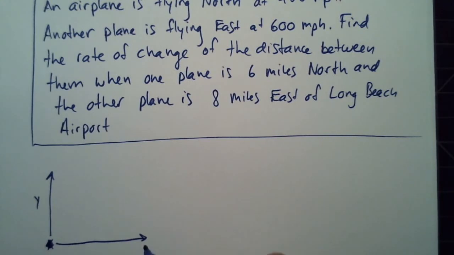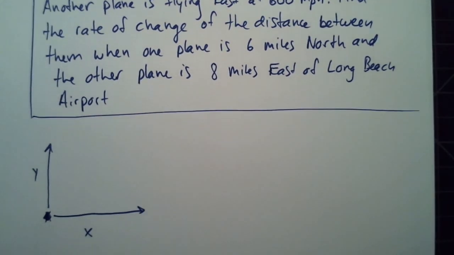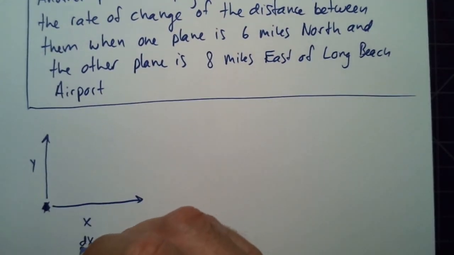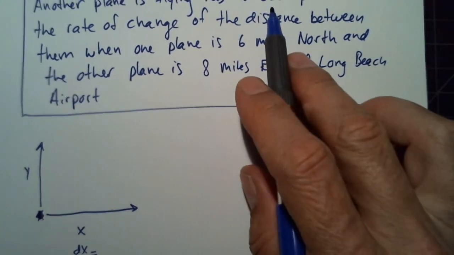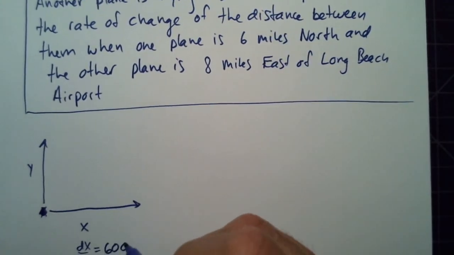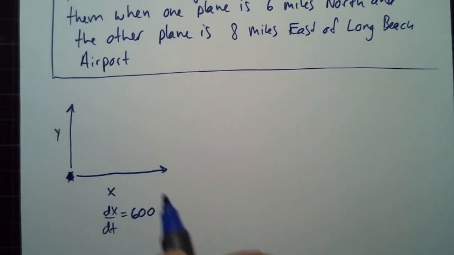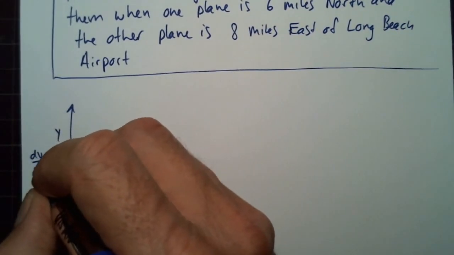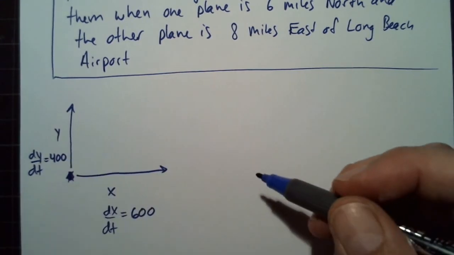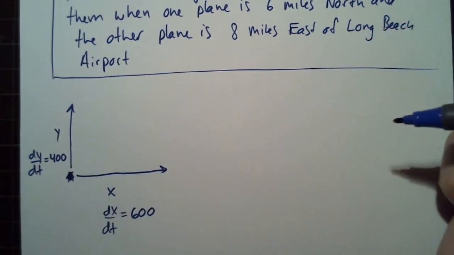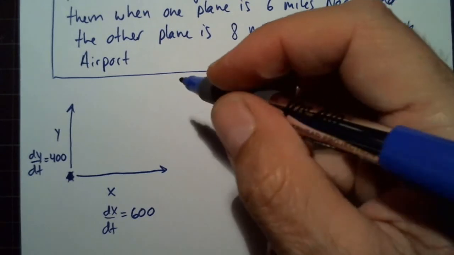If it's flying east, then we know dx/dt is the 600 and dy/dt is 400. And we want to know the rate of change of the distance between them.